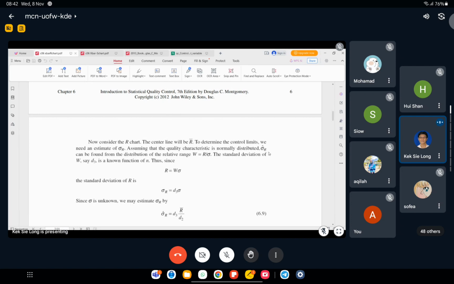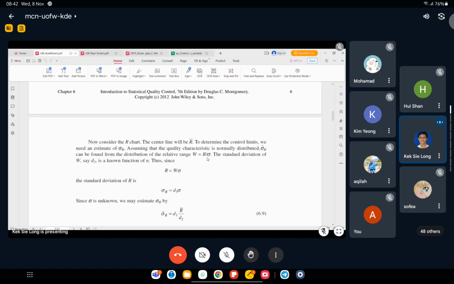Sigma hat R can be found from the distribution of the relative range. We have range R, and then we assume a distribution of the relative range given by W, and this W is given by capital R divided by sigma.